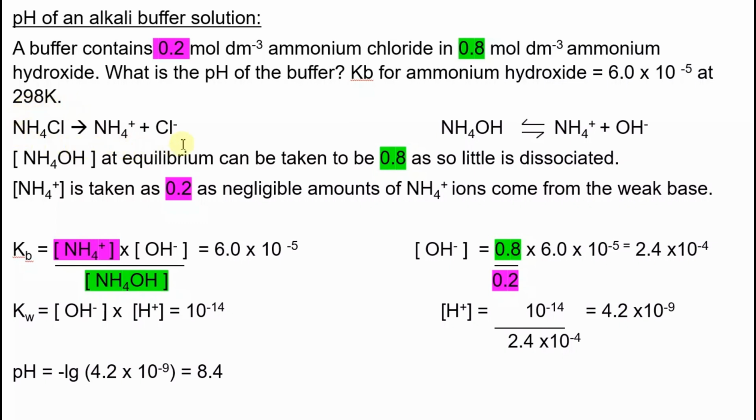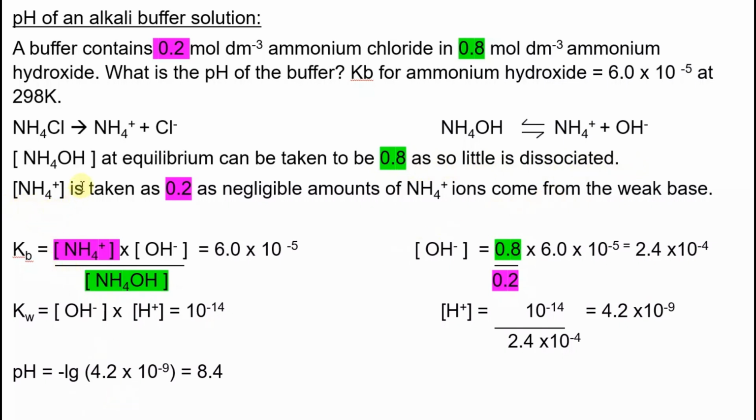My equation for the complete dissociation of the salt, my equation for the partial dissociation of the weak base. Concentration of NH4OH at equilibrium can be taken as 0.8. It wouldn't have changed much as so little is dissociated.